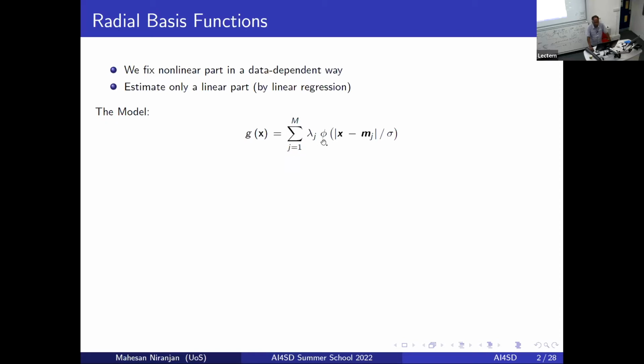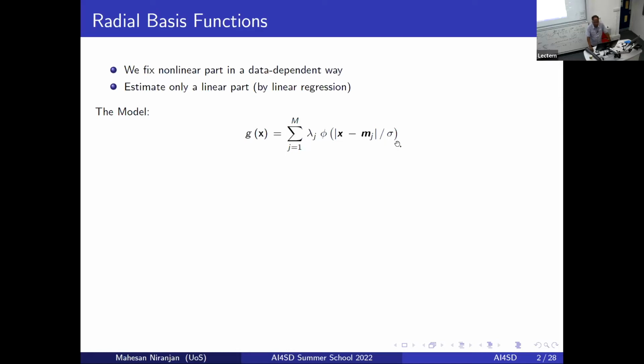Each of these basis functions is weighted by lambda, so j going from 1 to m, you have lambda 1 up to lambda m. The shape of the basis function is some nonlinear function. We often like to put Gaussians in there, some nonlinear function of distance from the data to some point in that space with a scalar.